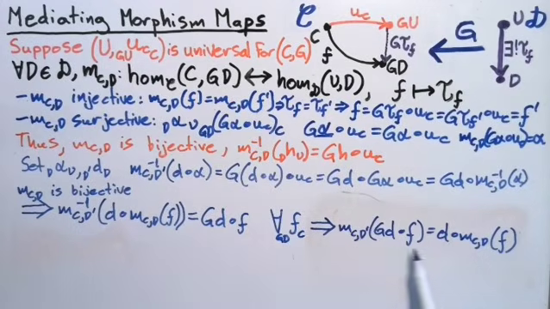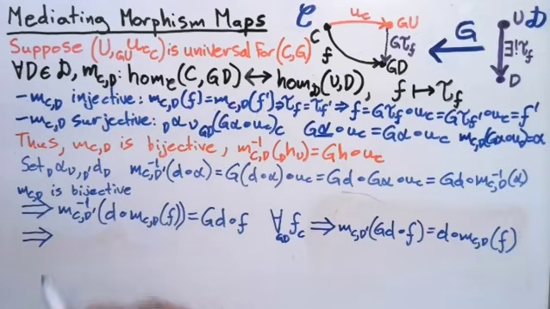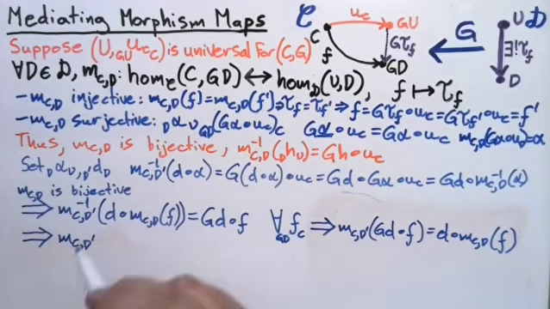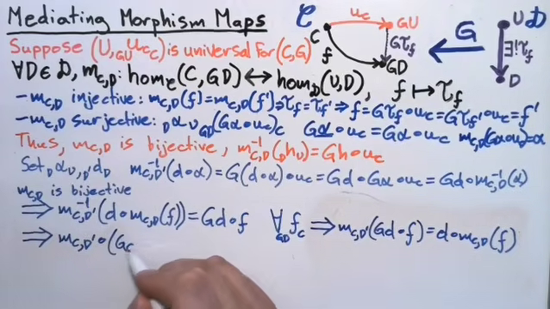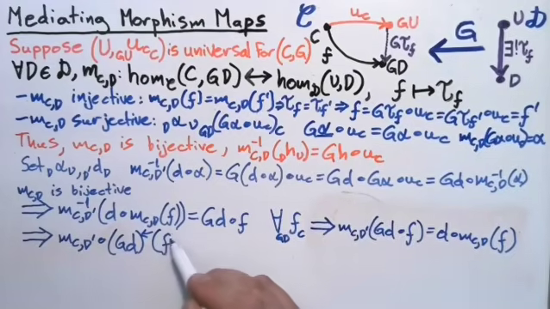Now this here, GD after F, is the same as follow by GD applied to F, right? Remember our function follow by, so this would be MCD prime after follow by GD applied to F, right? This follow by GD just does exactly what you would think.